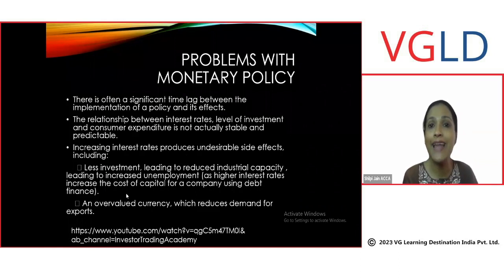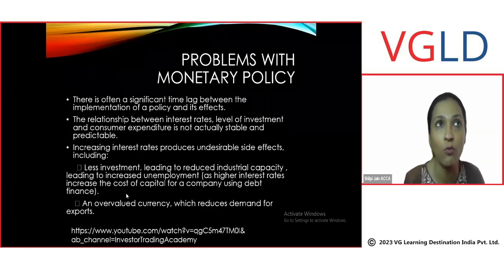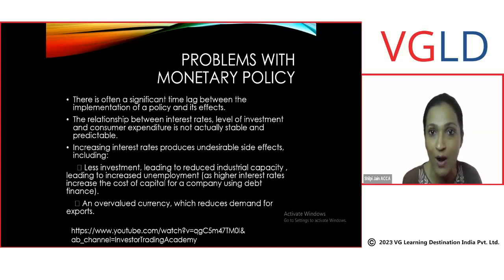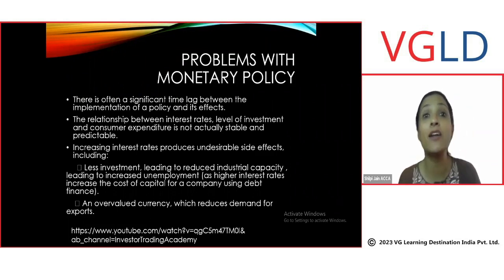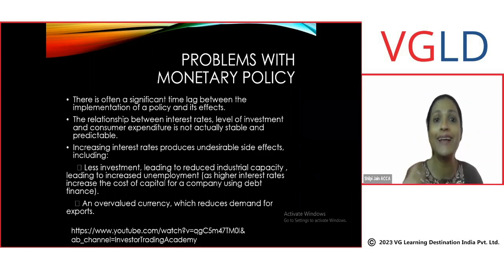Wonderful. So what apparent problems are you able to identify in this monetary policy? Obviously, the government implements the policy today, but the impact of it is not just from today itself. It is a slow and gradual process, so that time lag is definitely there. What else?